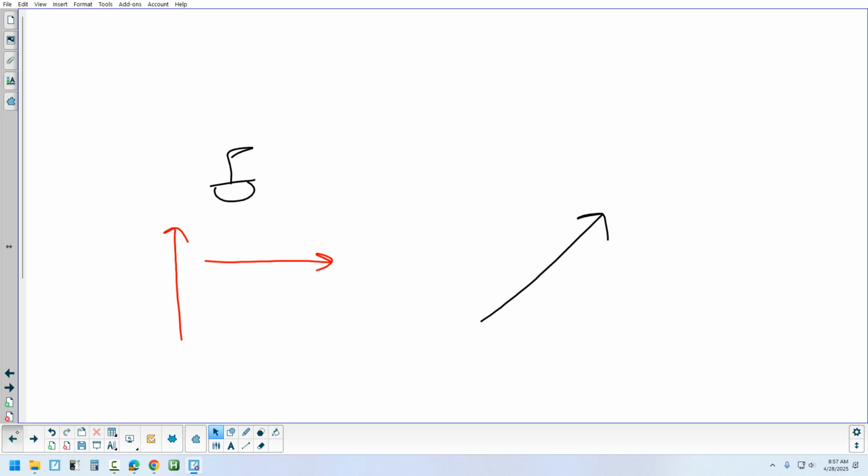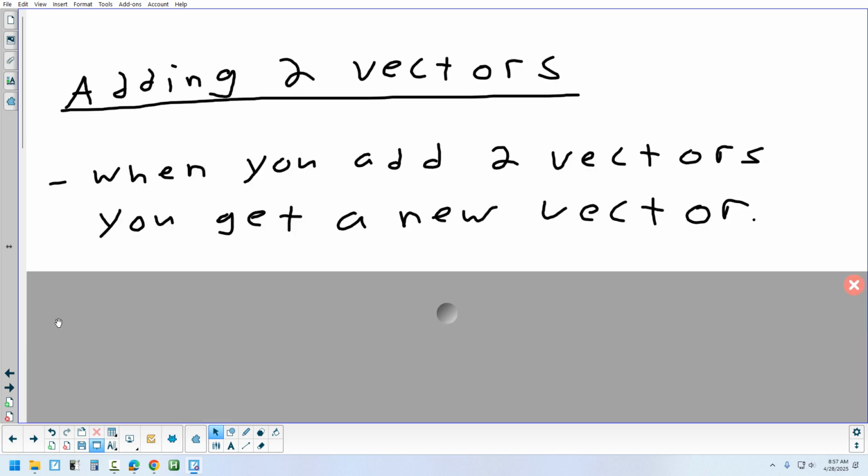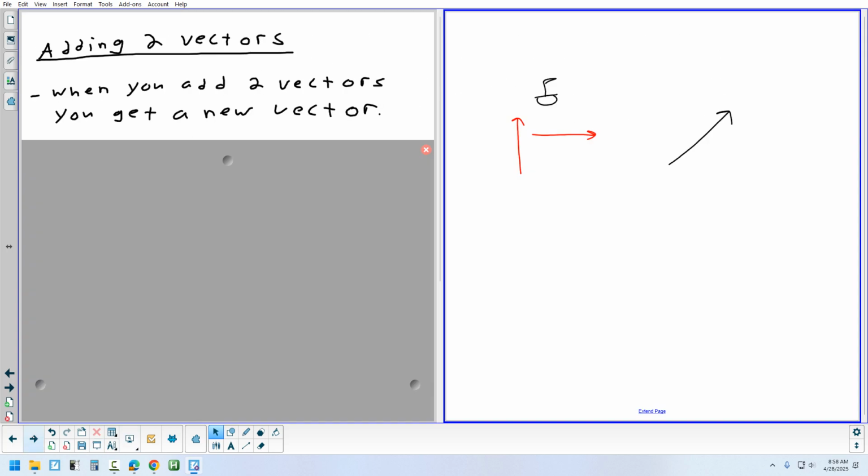When you combine two vectors together, you get a new one. The new vector can have a different direction than the two original ones, and this one does. This one goes up and to the right. The original one went up. The second one went right. So that's a new direction.